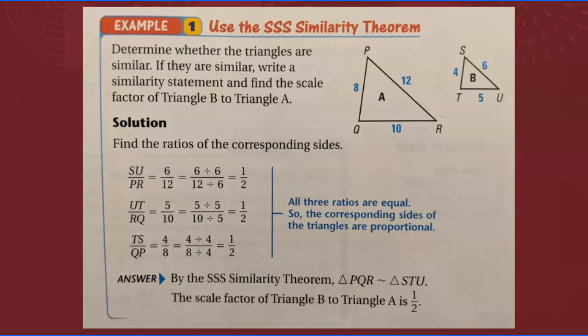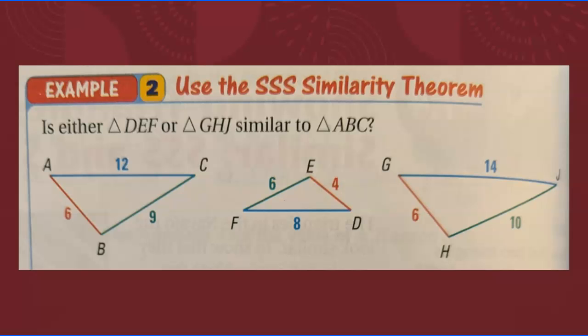Okay, let's hop over to example number 2, and it says, is either DEF or GHG similar to ABC? So here we've got our ABC. This is our model triangle. They want to know if this little guy or this bigger guy are proportional in any way.